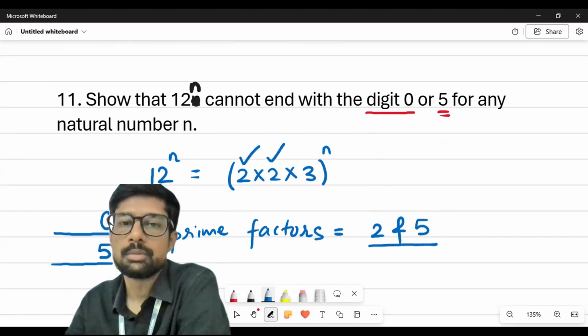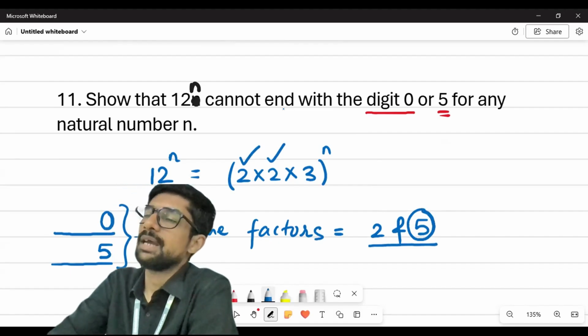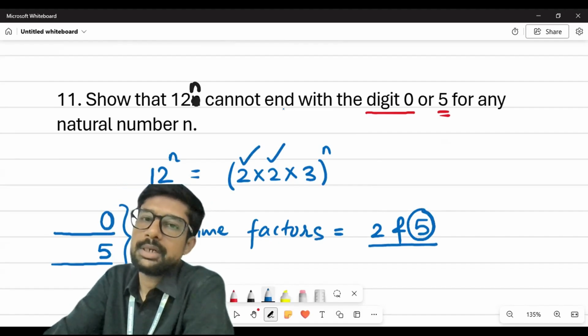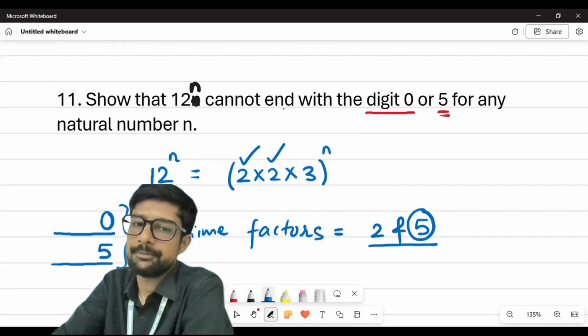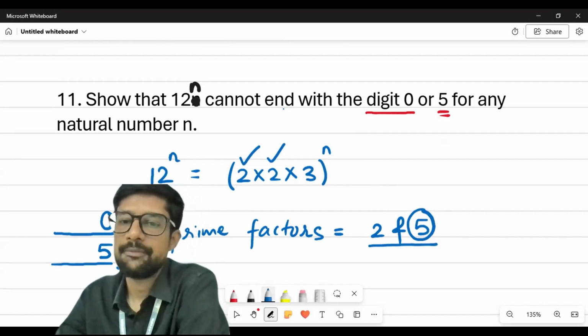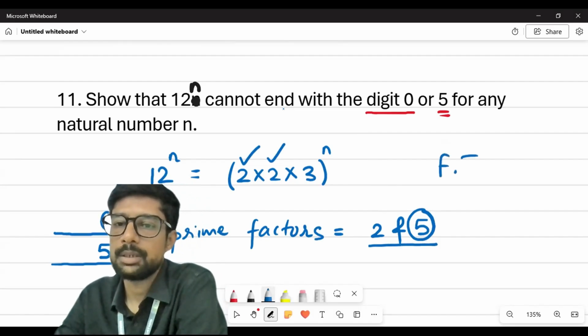We had 2, but we don't have 5. So since 5 is not a factor, it cannot end with the digits 0 or 5, according to FTA, Fundamental Theorem of Arithmetic.